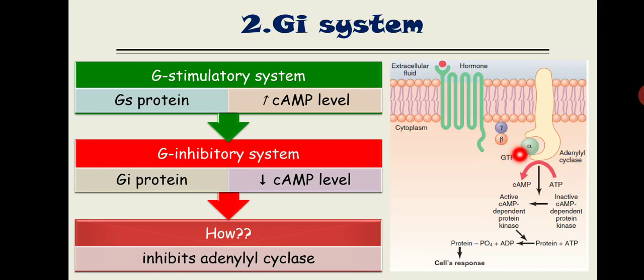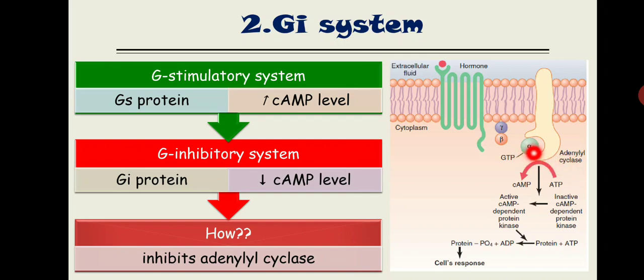After that, the alpha subunit gets detached from the beta and gamma subunits and gets attached with GTP. As it gets GTP, it becomes energized and combines with this enzyme known as adenylyl cyclase. Now what happens in the GS system?